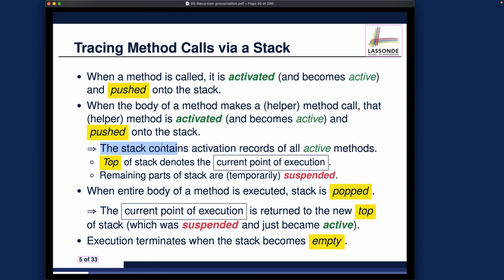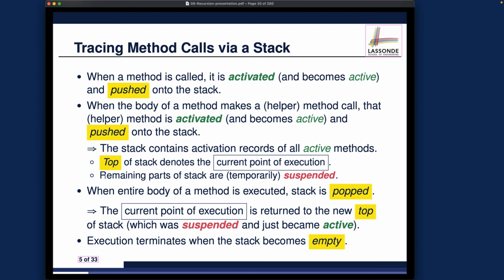And the stack will contain the so-called activation records over here. But you can think about activation records simply as some information about a stack, like where the method call was actually made, and also what argument value it contains. The latter will be the most important information to keep track of, right? And the top of the stack will just be the current point of execution, right? So every time you want to continue with the execution, you look at the top of the stack.